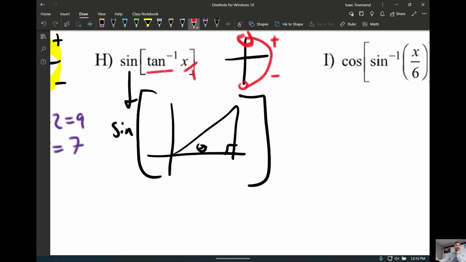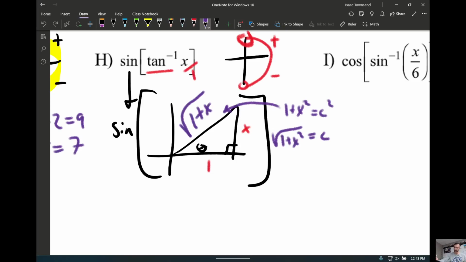Think of x as a fraction, put it over 1. Tangent is opposite over adjacent. There's SOHCAHTOA number 1. Then comes Pythagorean theorem. If this side's in terms of x, this side's probably in terms of x. Doesn't make Pythagorean theorem any harder.